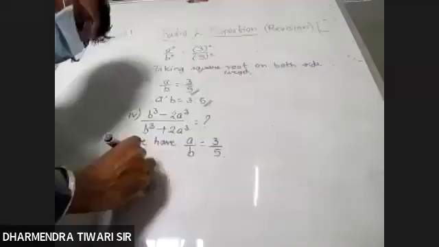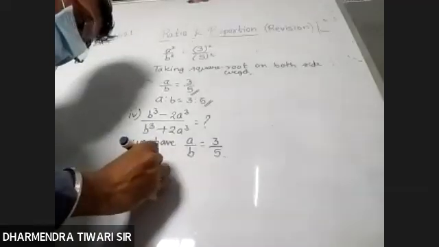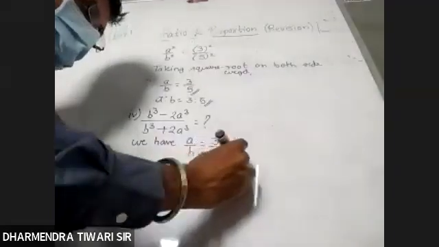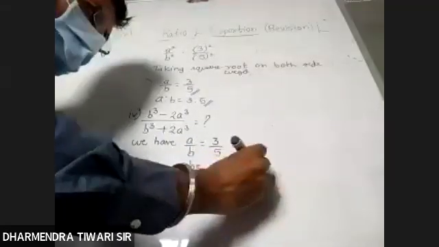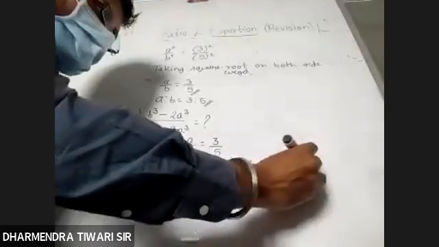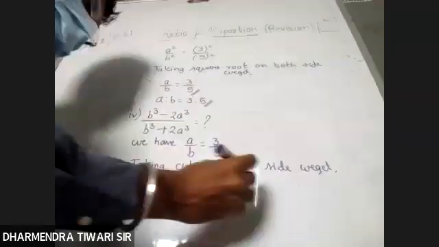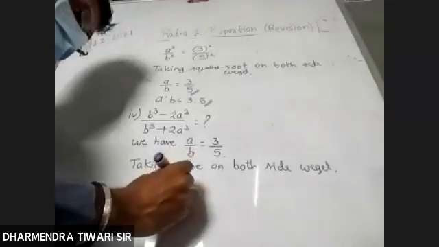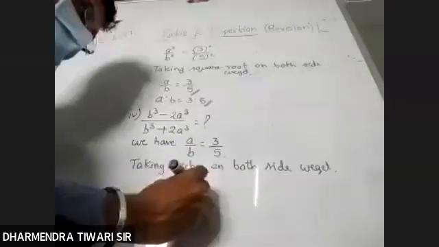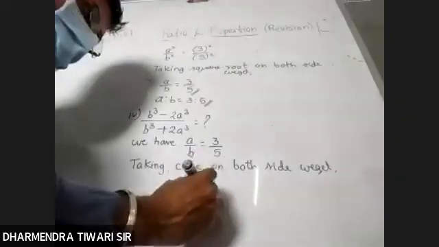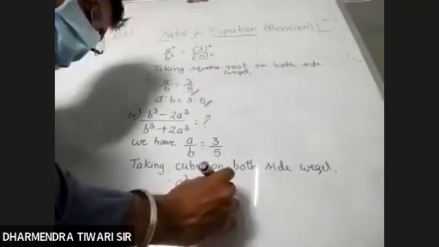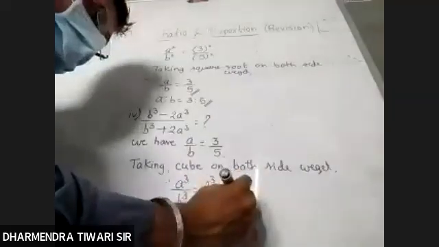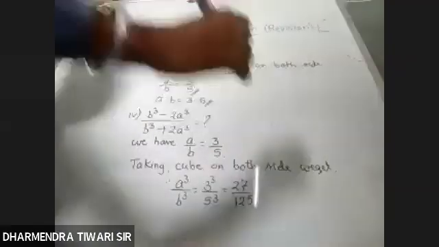So we have, taking cube on both sides, we get a cube upon b cube is equal to 3 cube upon 5 cube. 3 cube is 27 and 5 cube is 125.